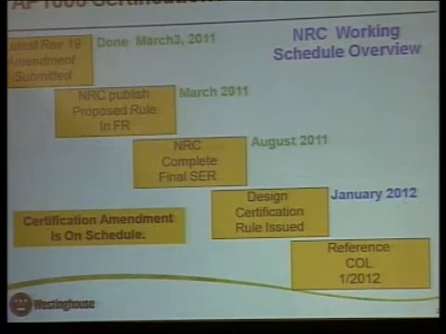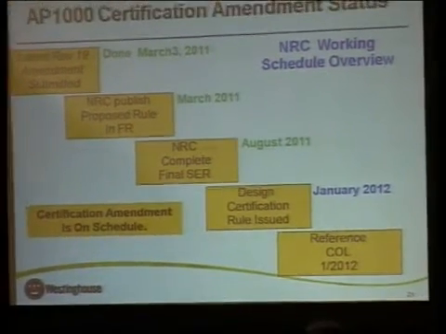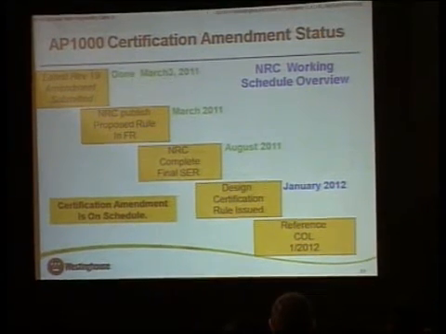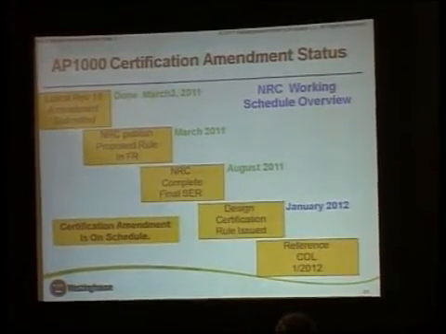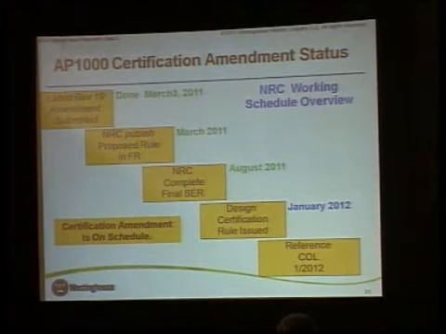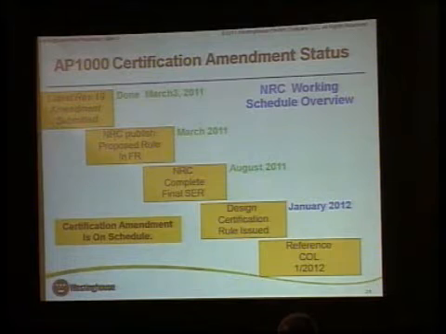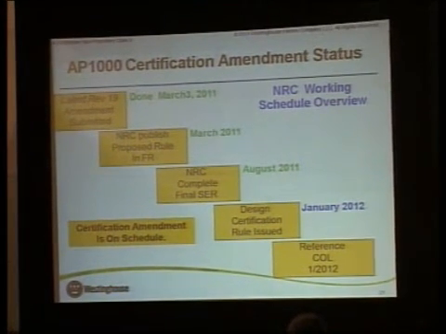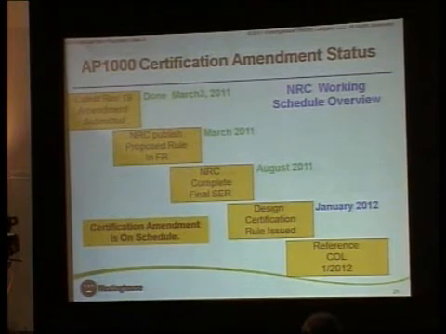Subsequent to that certification, new rules were brought about, particularly as a result of aircraft crash regulations. Because of that, we had a reinforced concrete containment, and we judged that would not stand up to the aircraft crash requirements, so we changed our shield building design to a sandwich steel and concrete structure to resist the aircraft crash loads.